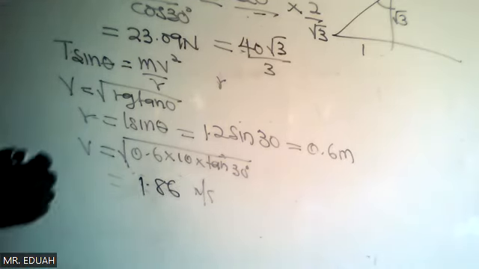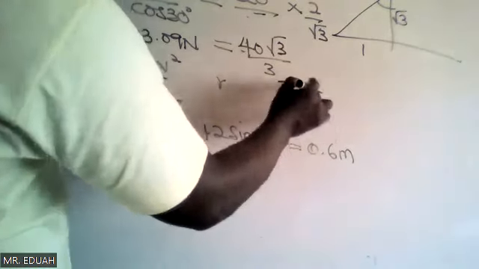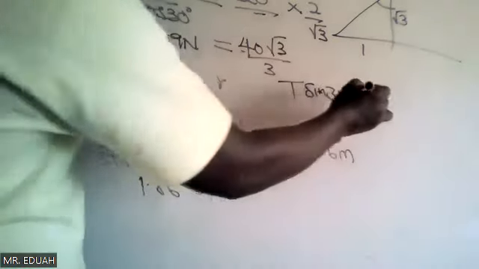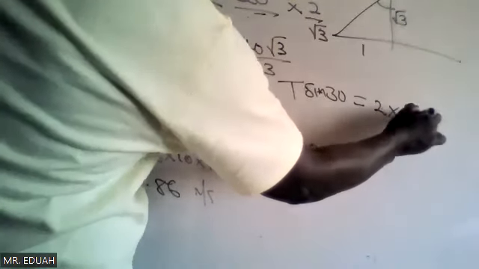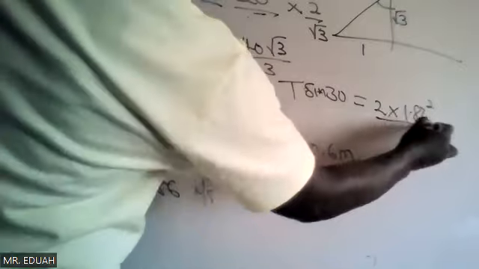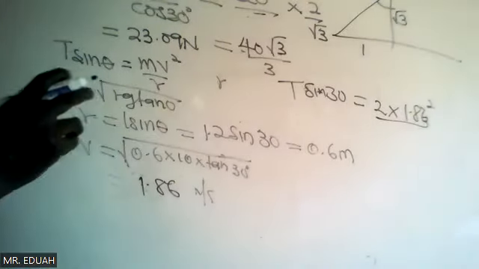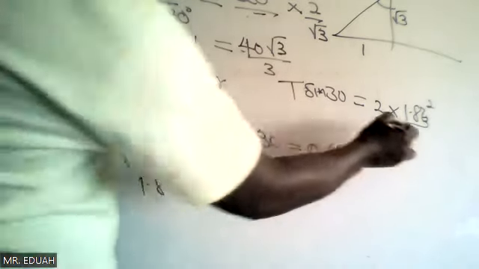So T sine 30 is equal to mass times 2 by 1.86 squared divided by the radius. What did we get for radius? I think 0.6.